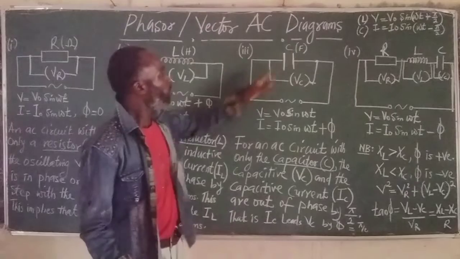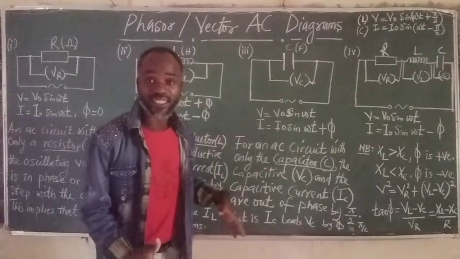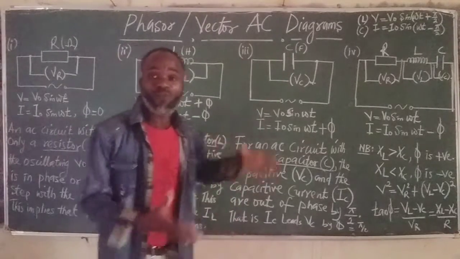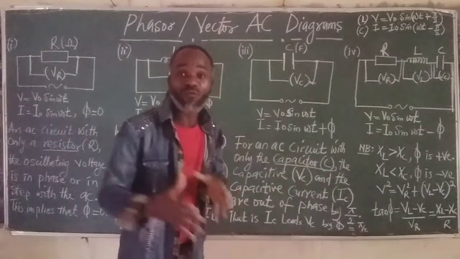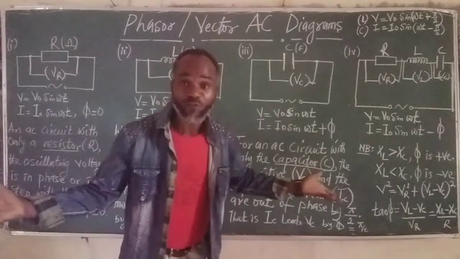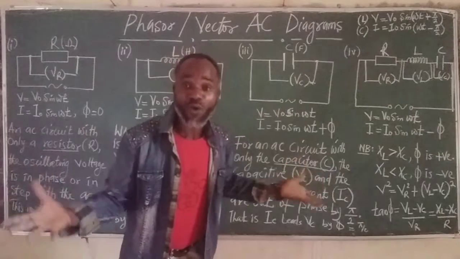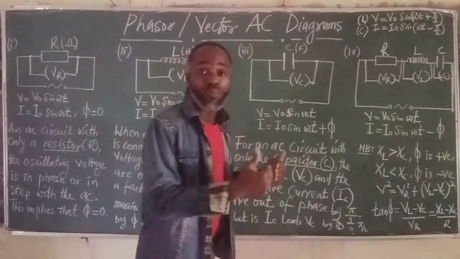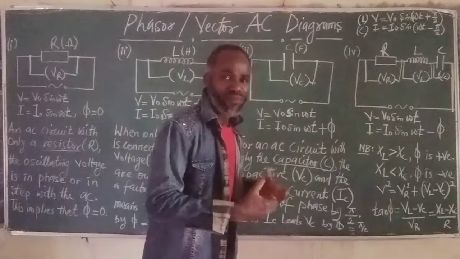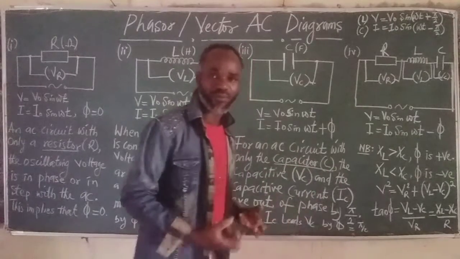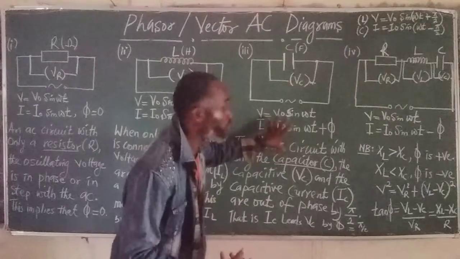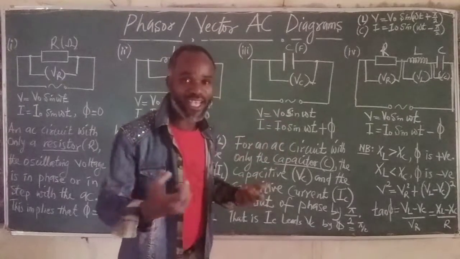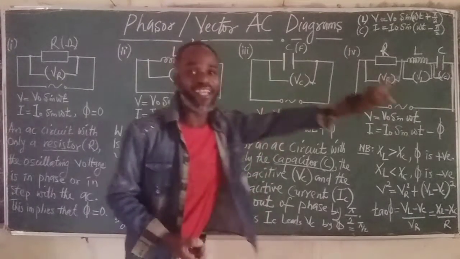Of course, when a capacitor is connected, both the capacitive voltage and the capacitive current are out of phase. I repeat, both are out of phase, meaning they don't flow or operate in the same step. Under this condition, the good news is the current leads.